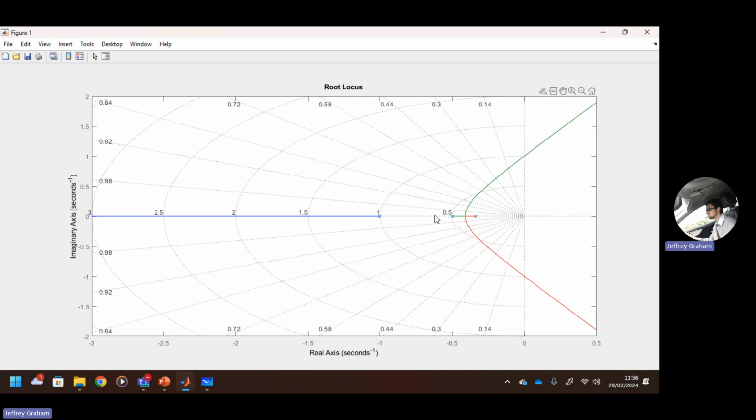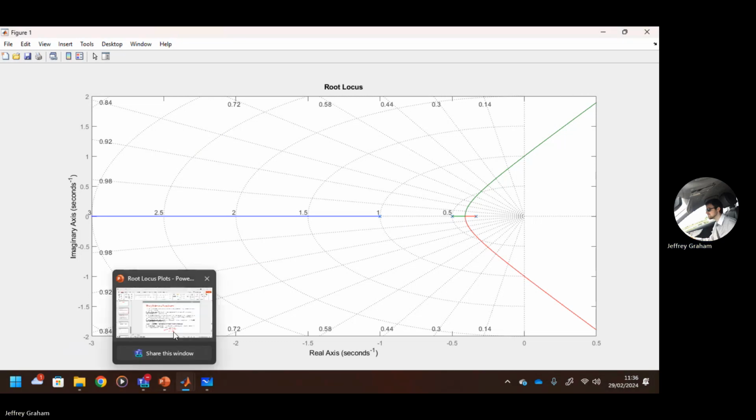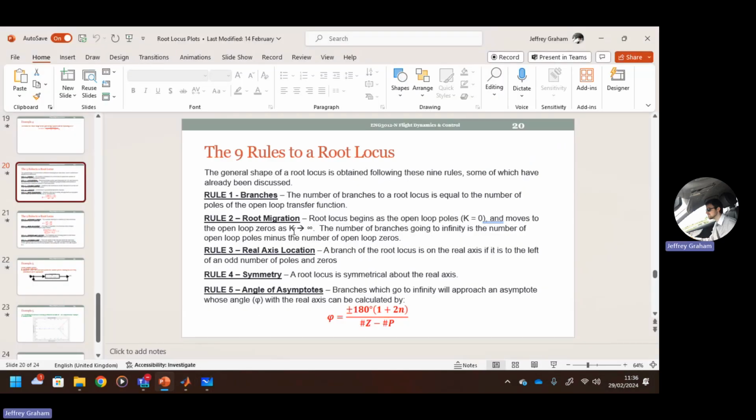So the 3 distinct crosses. And it moves to infinity, which is pretty obvious from what we've been through. The number of branches gone to infinity is the number of poles minus the number of open loop zeros.